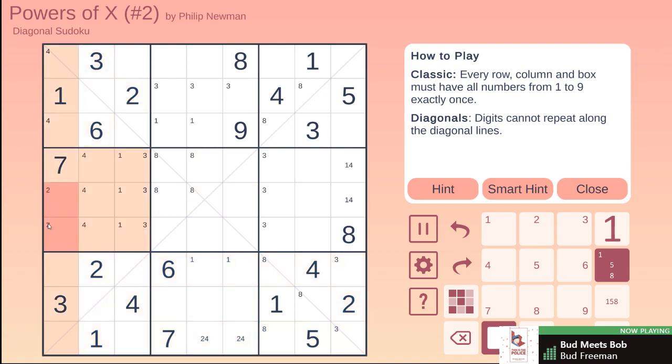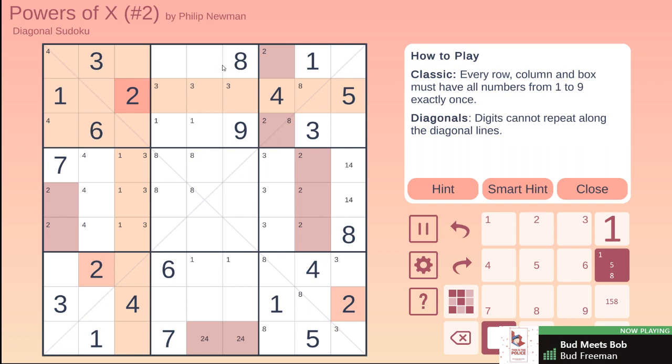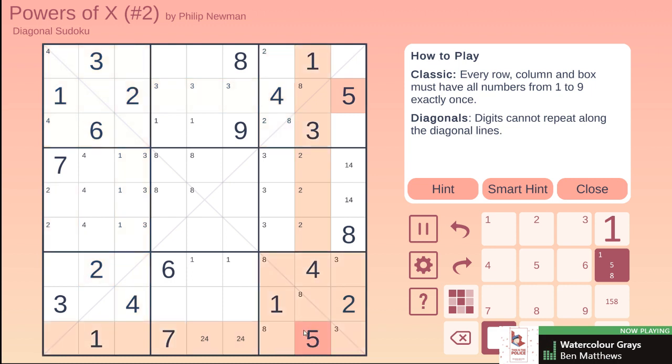2 has to be in one of these. 2 has to be in one of these. 2 has to be in one of these. That's all great. It's not really too restricted here. Okay. 5 has to be in one of these. It's not that restricted in these boxes.